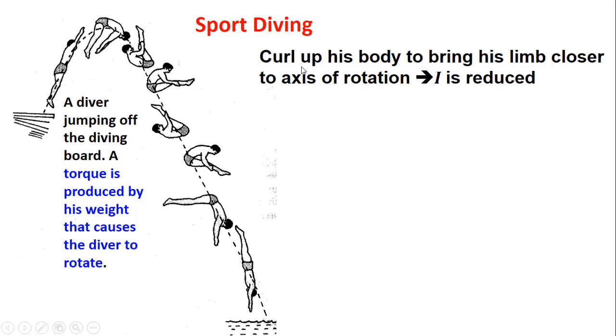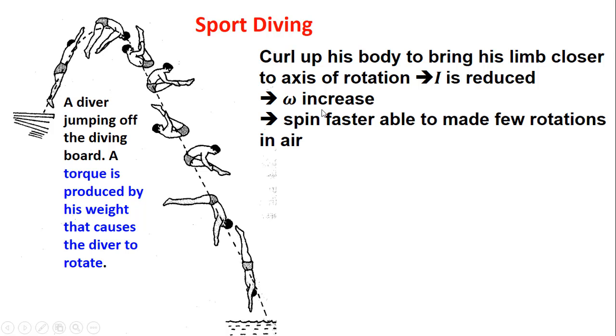When the diver curls up his body, it brings his limbs closer to the axis of rotation, as given in the picture. Then the moment of inertia I is reduced, so when I is reduced, our angular velocity omega will increase. So he spins faster and is able to make a few rotations in the air.